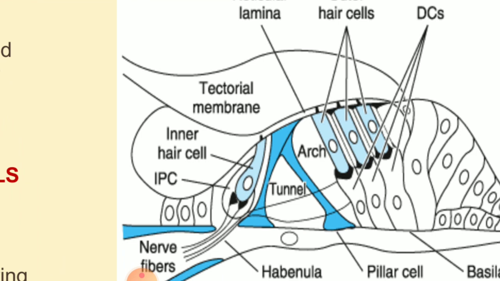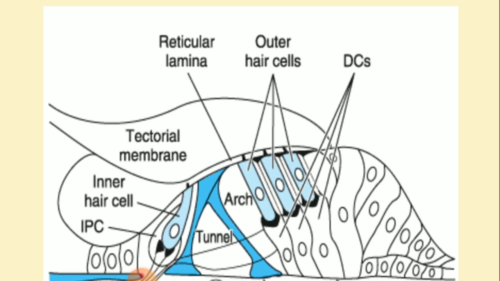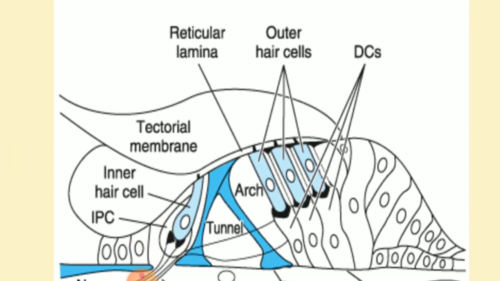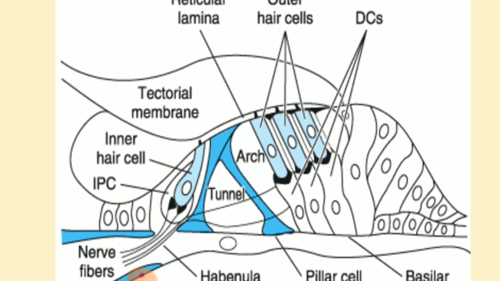But one thing to be noted, that inner hair cells give rise to stereocilia which are not embedded into the tectorial membrane. That means only movement of inner hair cells may not deviate the stereocilia to any specific side, as they are not directly fixed to the tectorial membrane. For its movement, some other mechanism or contributions from other types of cells are necessary, that I will be describing in subsequent slides.